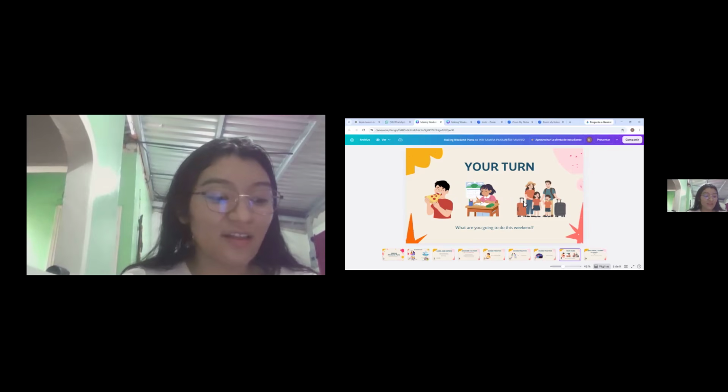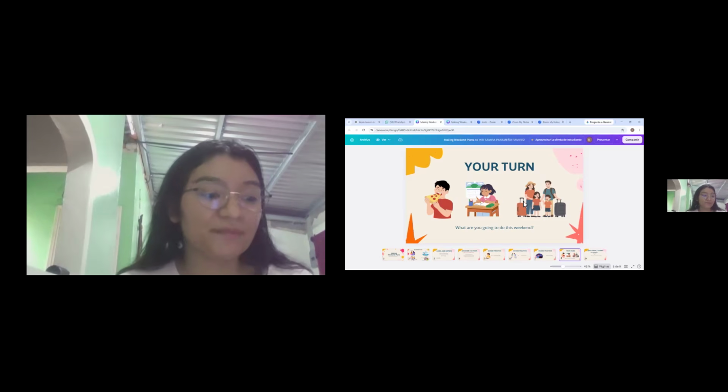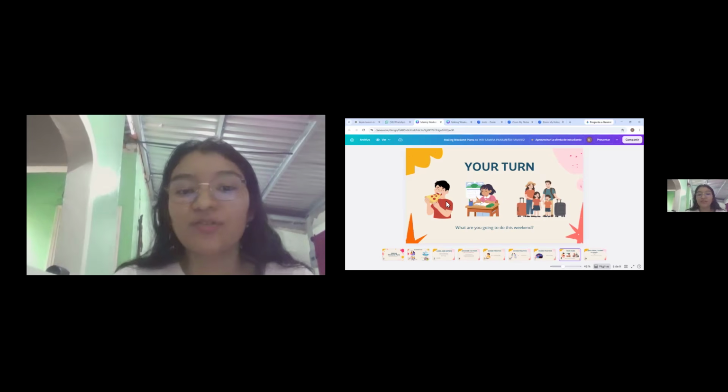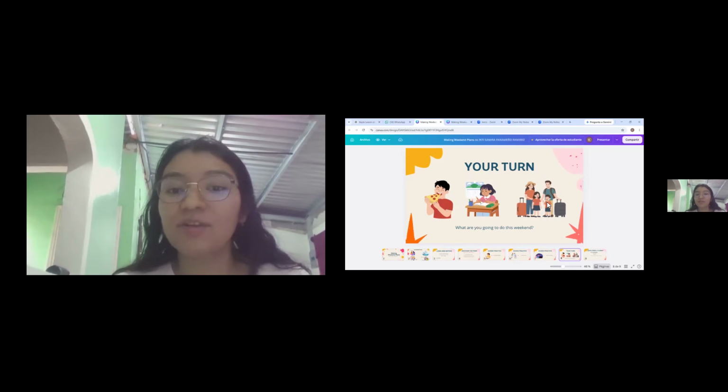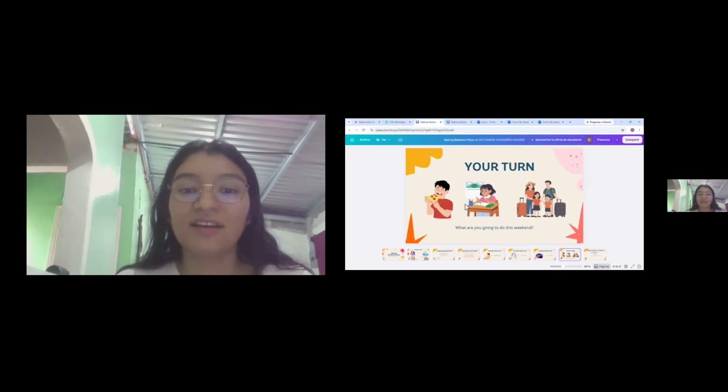Look at these three pictures and choose two of these pictures and produce your own sentences about your weekend plans. What are you going to do this weekend? Just look at these images and make future plans for your weekend.